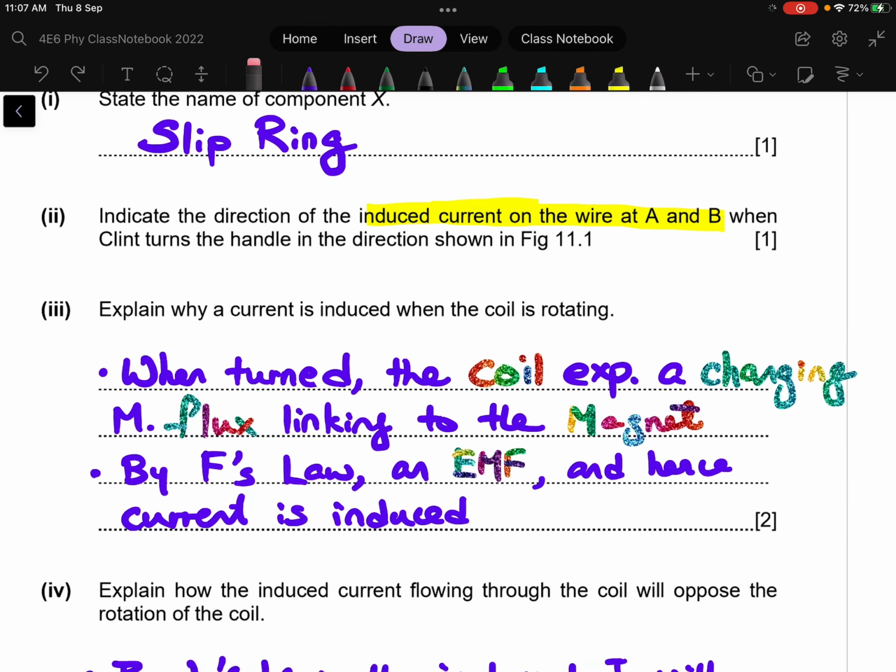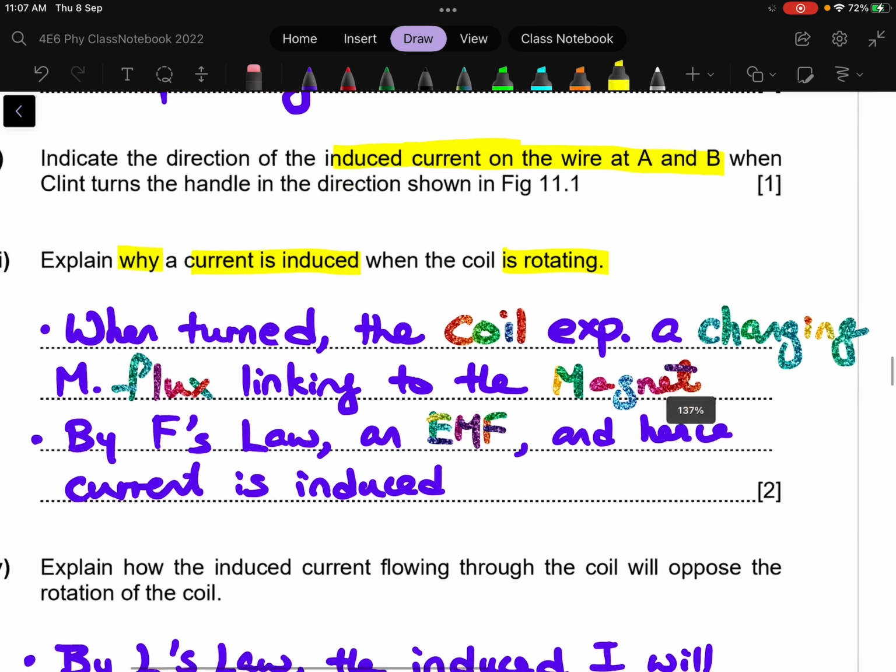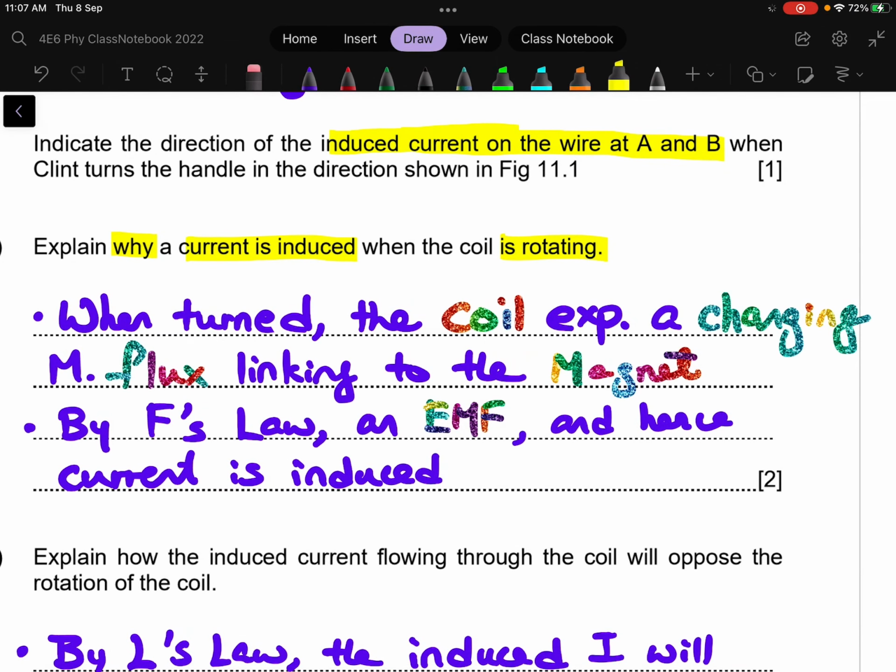In part 3, I am just checking whether you have memorized your content knowledge on how a current gets induced. I'm asking you, why is there a current induced when you apply a force? I only accept the answer that we train you in class.